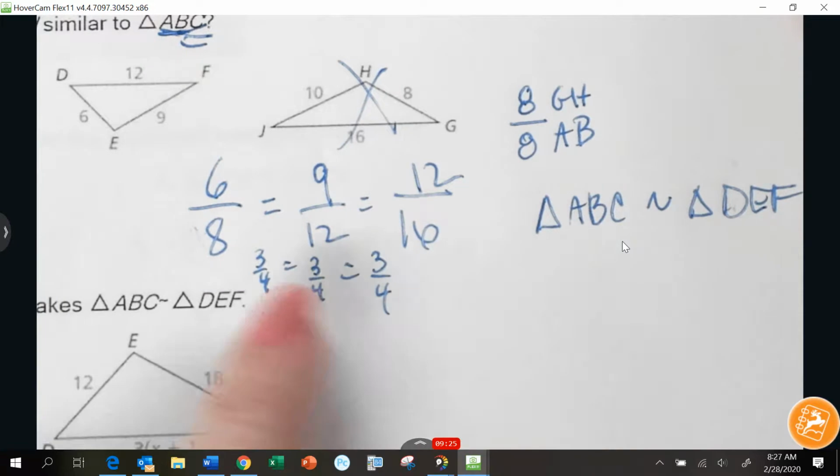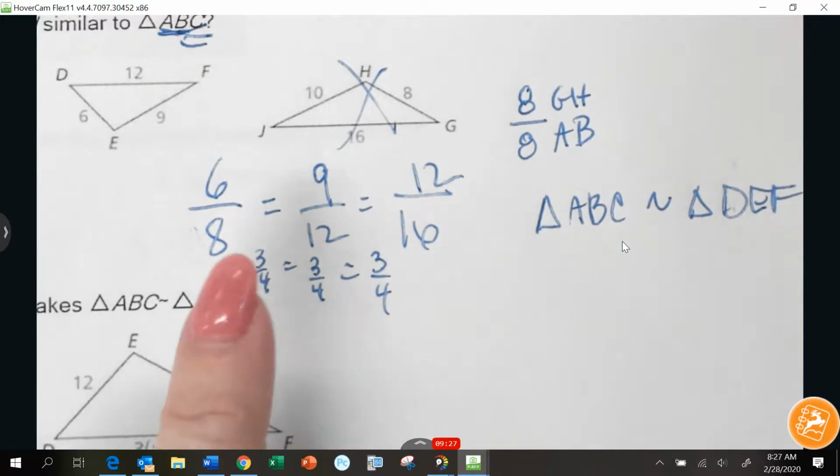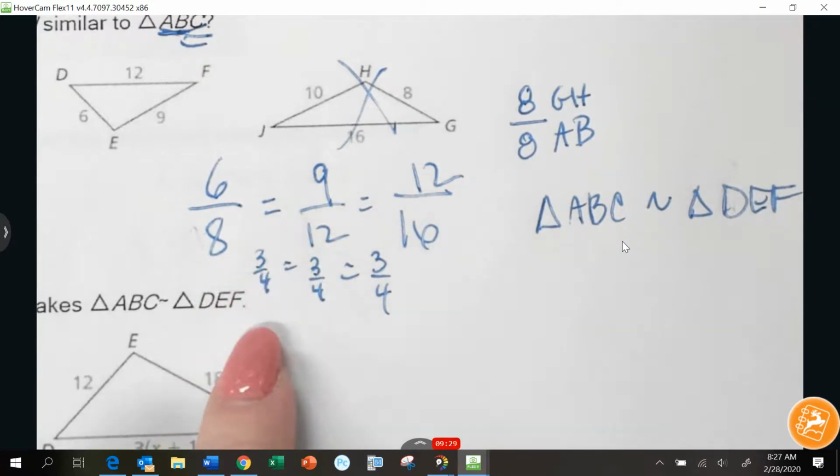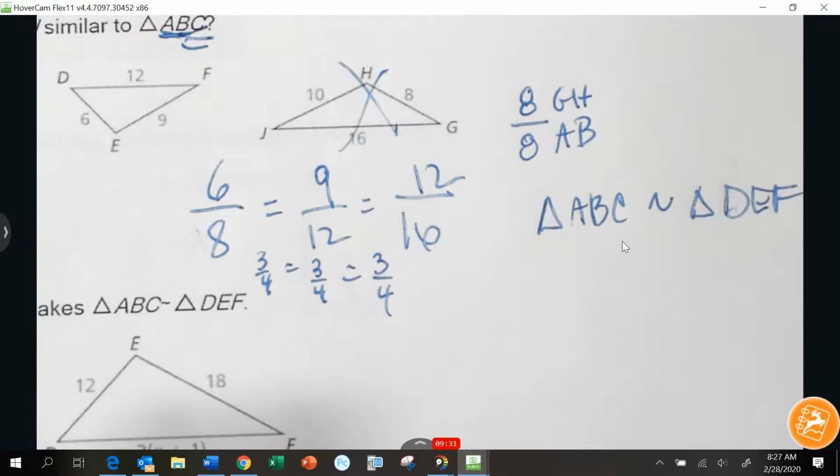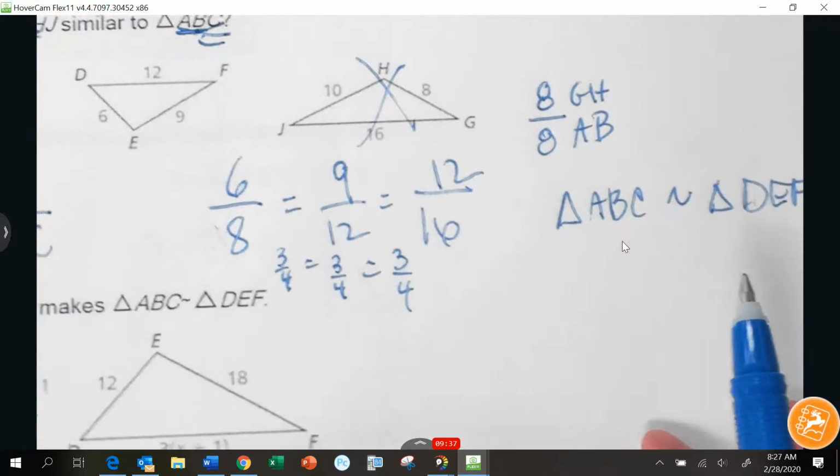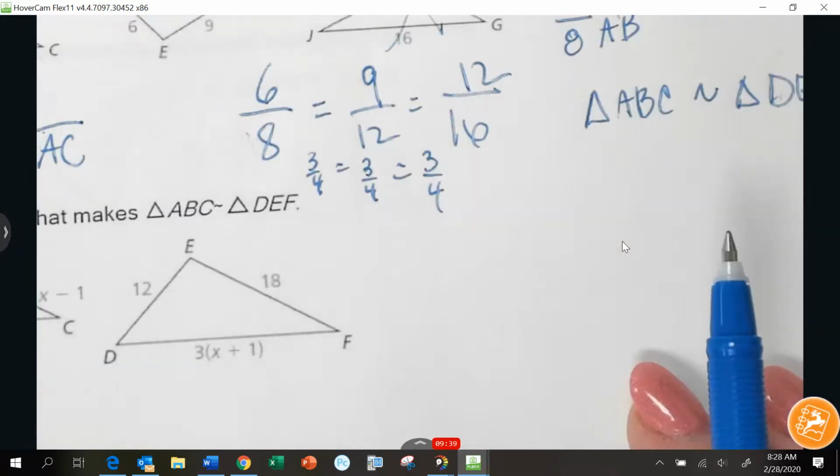This should be easy stuff. Am I going too fast? I know some of you are still writing.